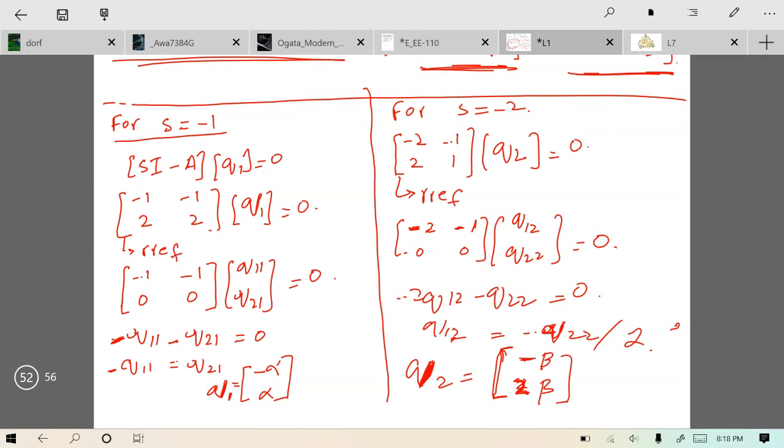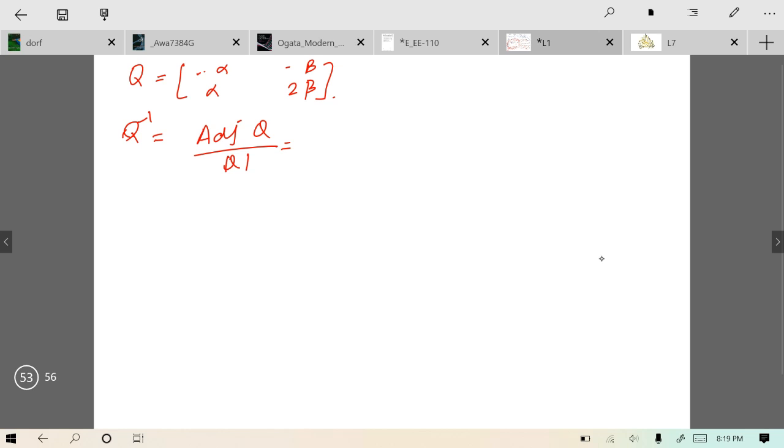So this q1 and q2 we have established, so we can say that this Q matrix is equal to minus alpha, minus beta, alpha, 2 beta. Now this is our Q matrix. Similarly we have Q inverse equal to the adjoint of Q over the determinant of Q. For the adjoint, we change the places of these two and change the sign of these two.